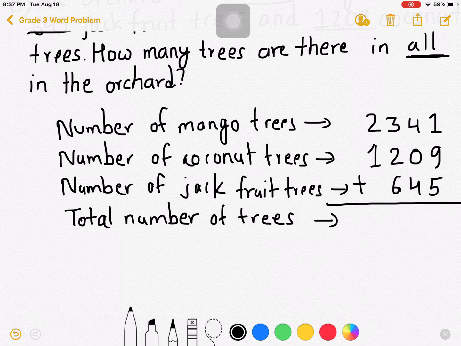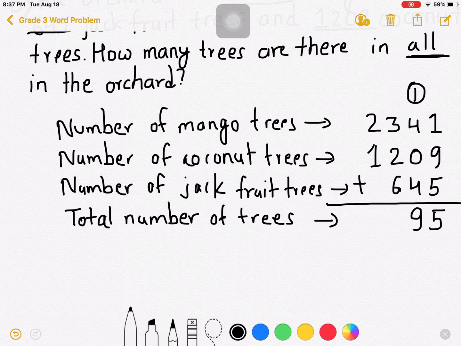9 and 1 is 10, 10 and 5 is 15. Let us write one carry over here. Now 1, 4 and 4, that is 9.